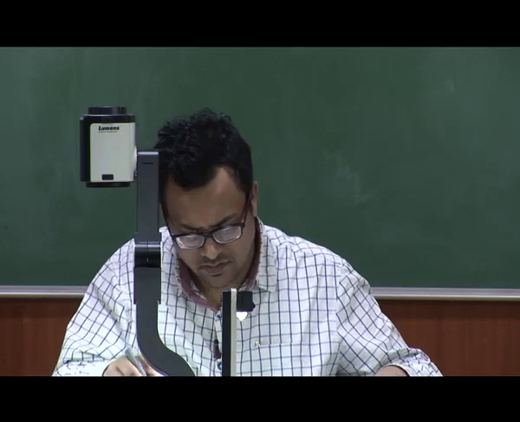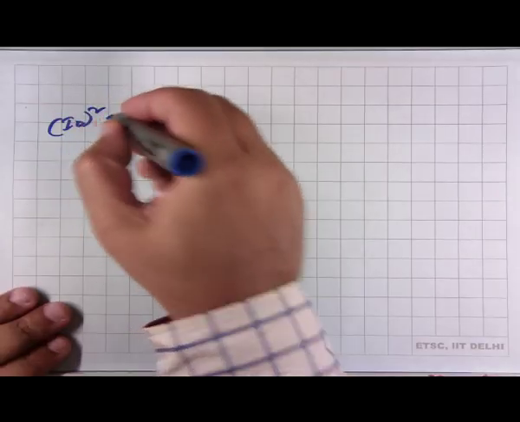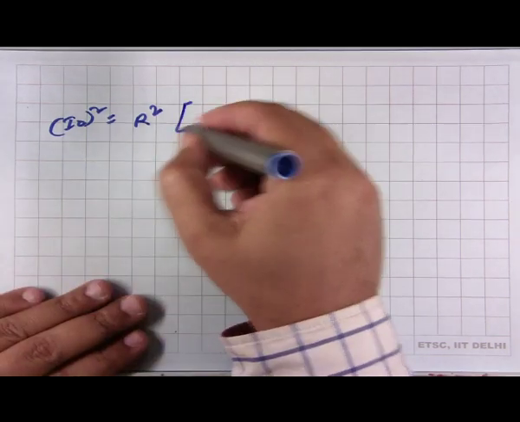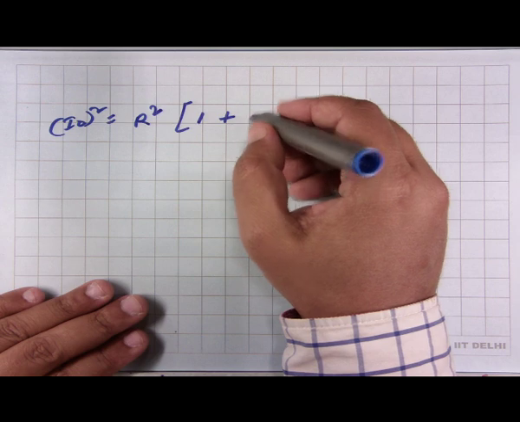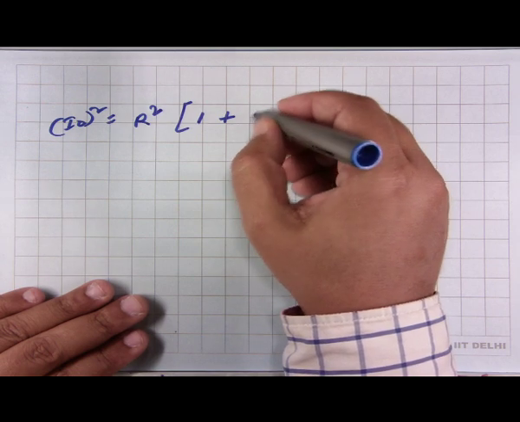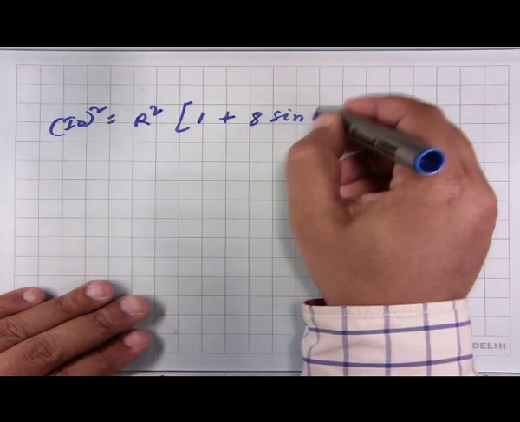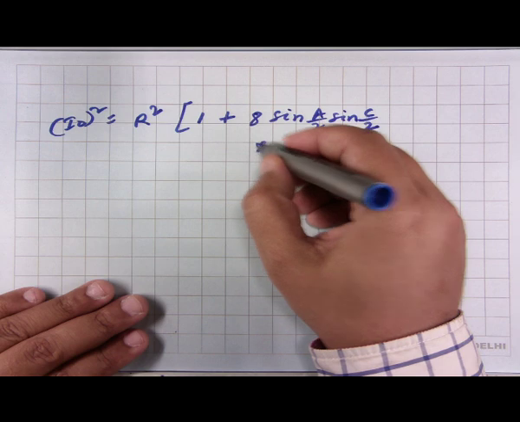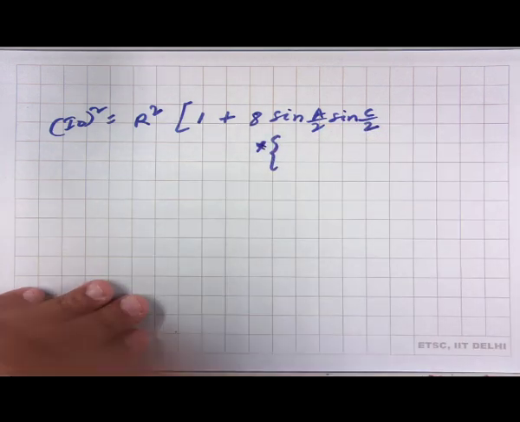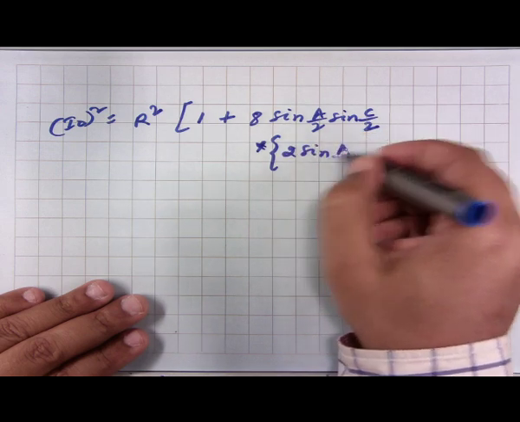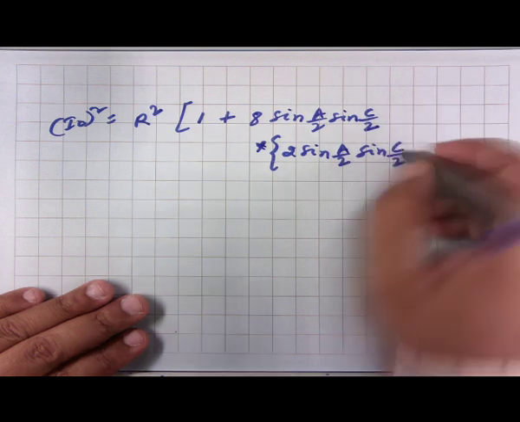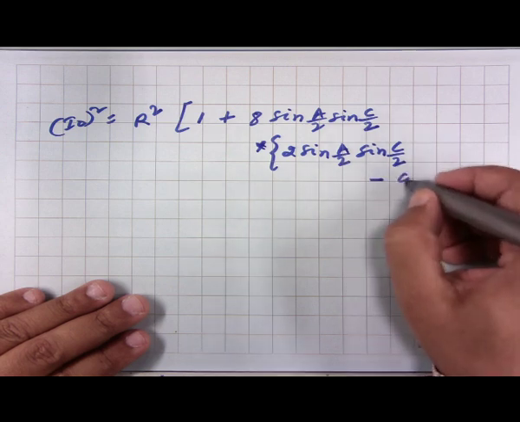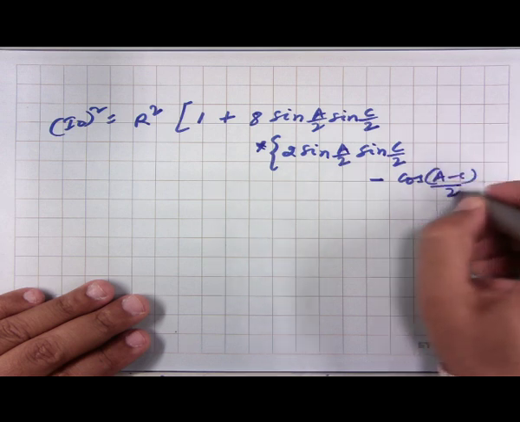Hence, IO square can be written as equal to R square into 1 plus 8 sine A by 2 into sine C by 2 times 2 sine A by 2 into sine C by 2 minus cos of A minus C over 2.